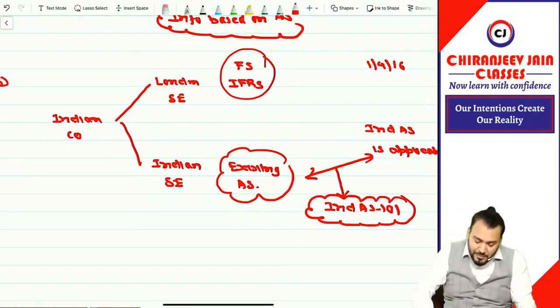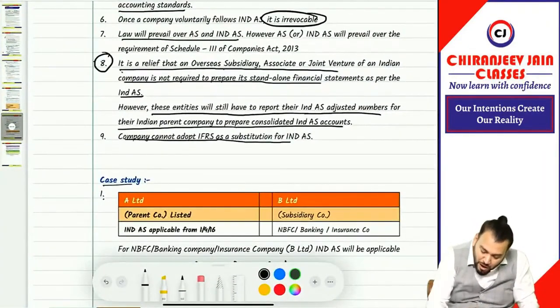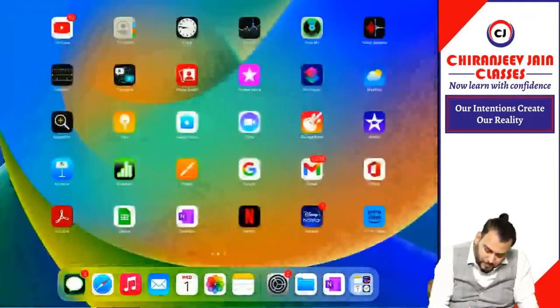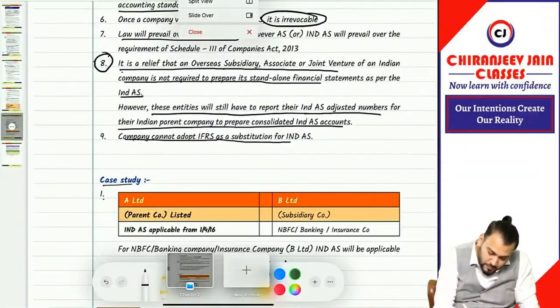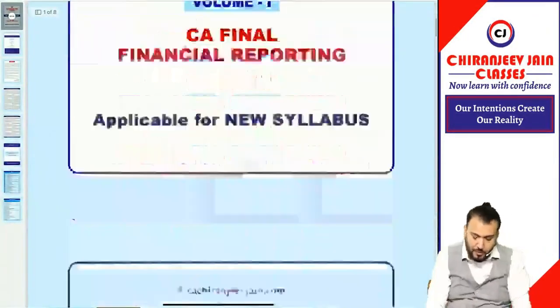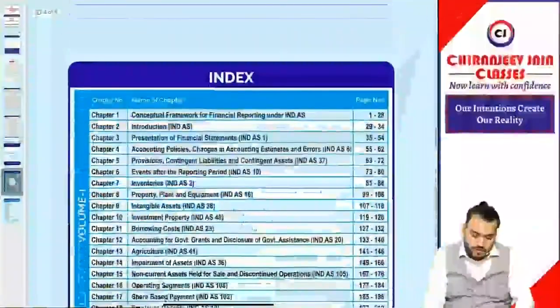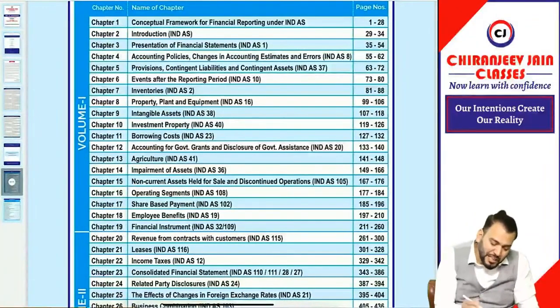Let us come to the index of my book, because I need to first inform you how I will teach you. You can see chapter number 1, chapter number 2. Let us start with chapter number 3.